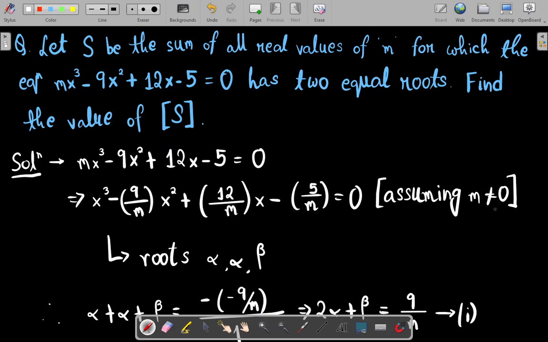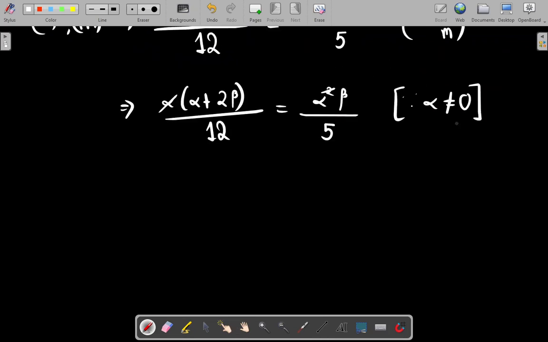Since m is assumed to be not 0, this is a non-zero term upon non-zero term, so this constant term cannot be equal to 0. Or you can place alpha equal to 0 in the original equation also: you see minus 5 equal to 0, since the first three terms become 0. So this is an absurdity. So we can assume alpha is not 0, and we cancel alpha from both sides.